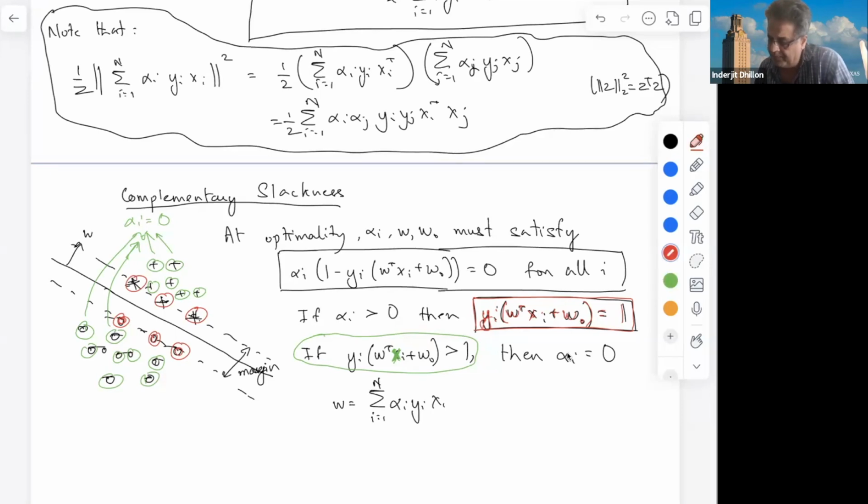And here it was that, sorry, the picture is getting muddled, but alpha I is greater than 0. Okay. But you can say that, from here, W is a linear combination, this is at optimality, right, of support vectors.